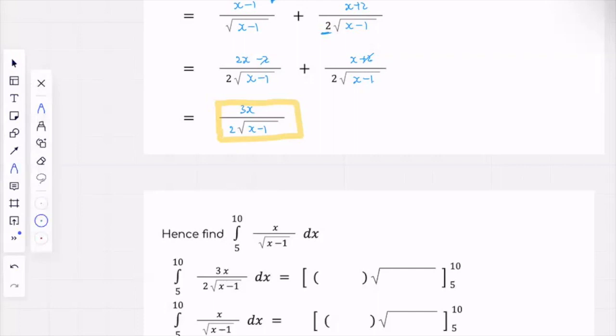You see that the integral is similar. It's not the same, but they're similar.